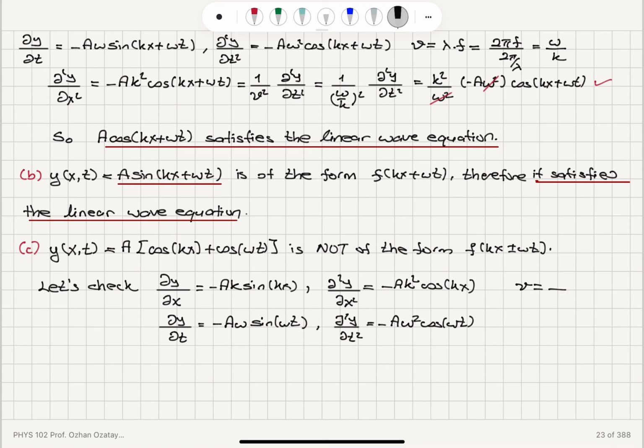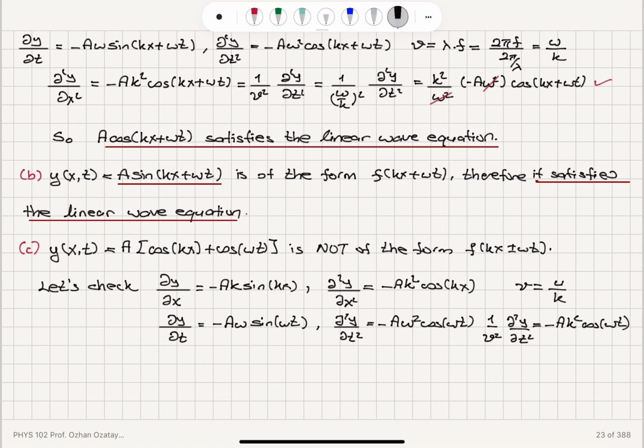So if I write 1 over v square del square y del t square, this is basically minus a k square cosine omega t.